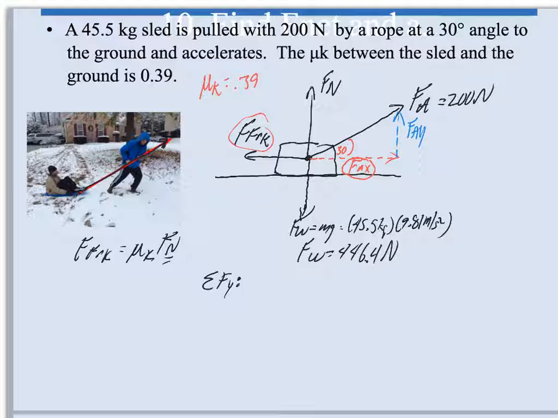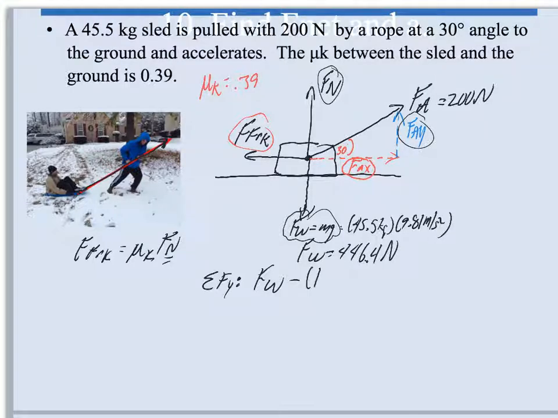So if we sum the forces, what do we have along the y-axis? We have Fw, we have Fn, and we have Fay. And Fw points the opposite of Fn and Fay. So Fw minus, and what two things will I sum because they're both pointing up?